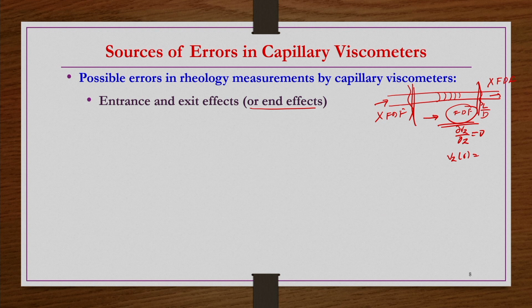One effect is that when the flow is not fully developed, the pressure drop usually increases. At the entrance, the pressure drop may increase if the flow is not fully developed, and indeed it is not. So, what does entry mean? We have this capillary viscometer arrangement like this, right.